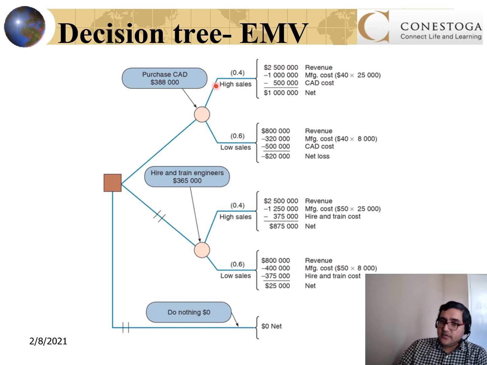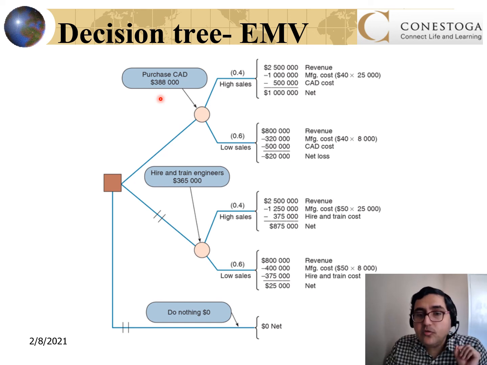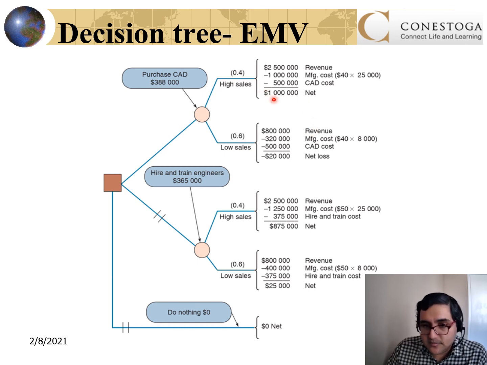To get a sense of the total worth of this decision, which we call the EMV, or expected monetary value, what we do is 0.4 times this number plus 0.6 times minus 20,000. This gives me 388,000. So what it means is, if I purchase the CAD software, I can expect to make around $388,000.